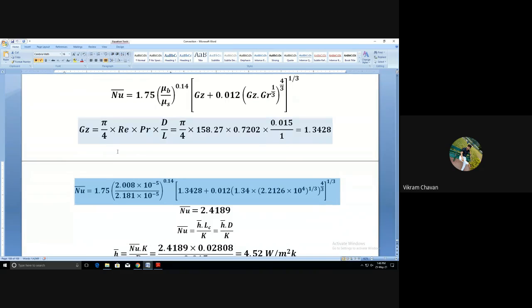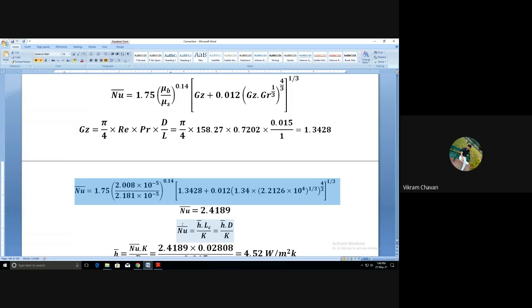So 1.75, as it is inside the bracket, mu b, that is the dynamic viscosity at bulk mean temperature, is 2.008 into 10 raised to minus 5, and the dynamic viscosity at surface temperature, mu s, is 2.181 into 10 raised to minus 5, bracket raised to 0.14, in square bracket, 1.3428.